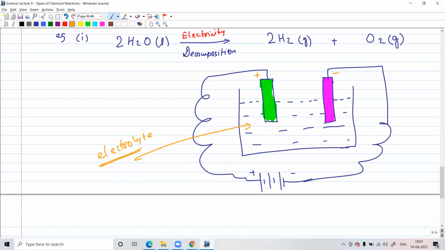Cathode and anode. Yes, that's good. So electrode in general, but electrodes are of two types. Of course, one of them will be positive. The positive one will be called the anode and the negative one will be called the cathode.